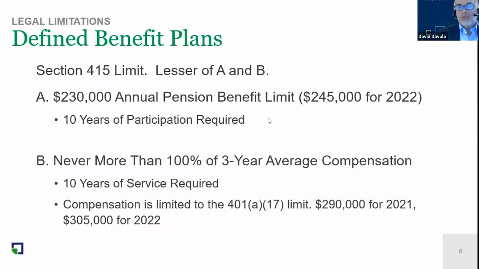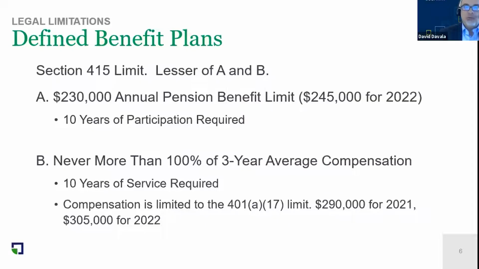The second part of the 415 limit is the compensation limit, and it is the 3-year average compensation. And it is compensation during employment. So if a participant was employed before the plan came into existence, then you can use the whole employment history.